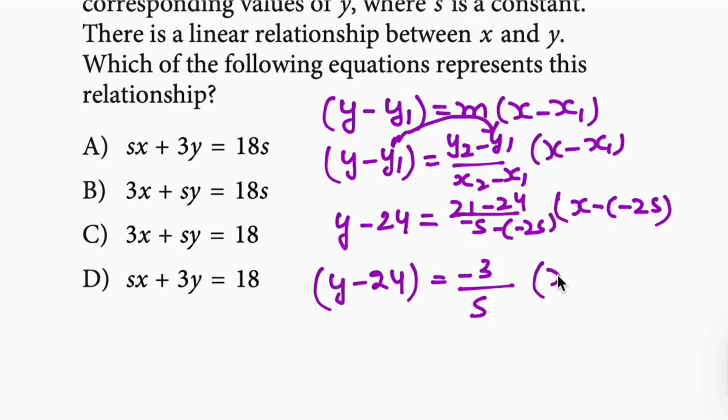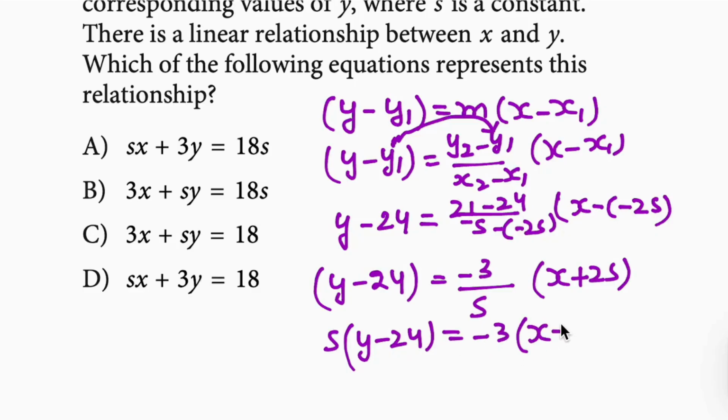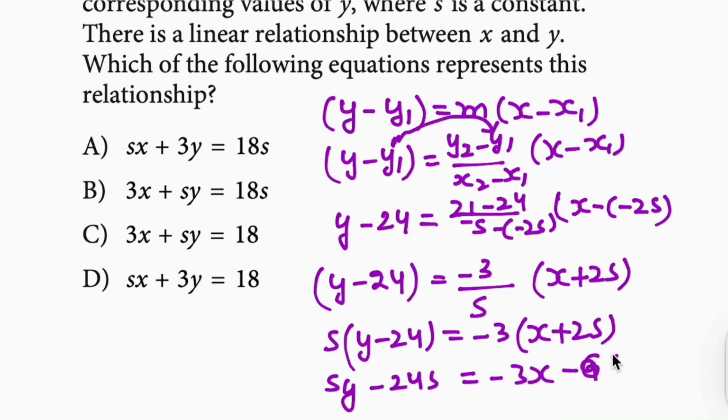Negative times negative is positive. Plus 2s, multiplying by s, plus 2s, open the bracket: sy minus 24s is equal to negative 3x minus 6s.